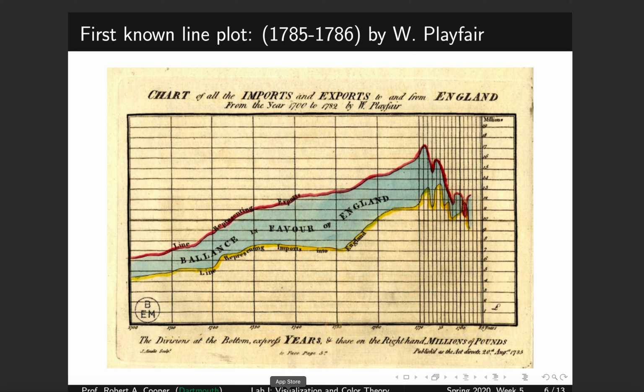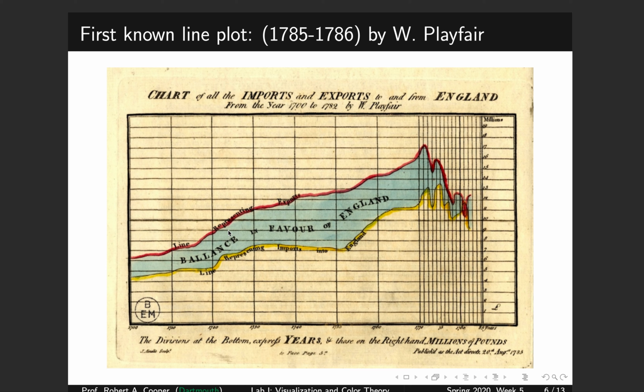I want to flash here for you the first known line plot. It's from the late 18th century by a person named William Playfair. You can see it's pretty basic, but it's actually really cool. There are some interesting things going on. There's some good labeling. They're basic line plots.